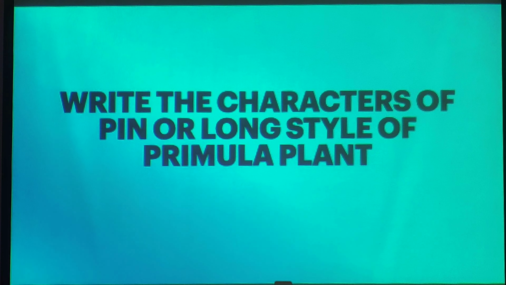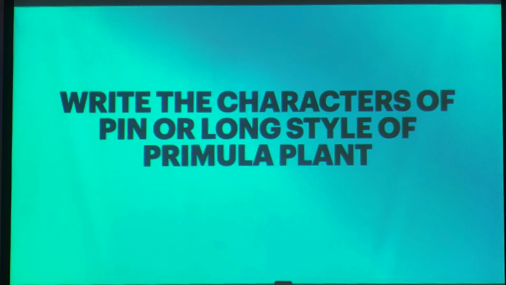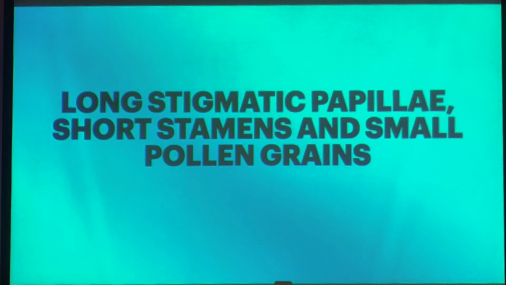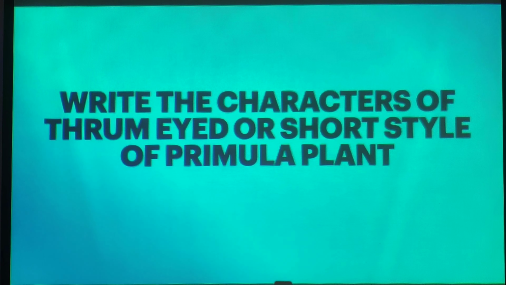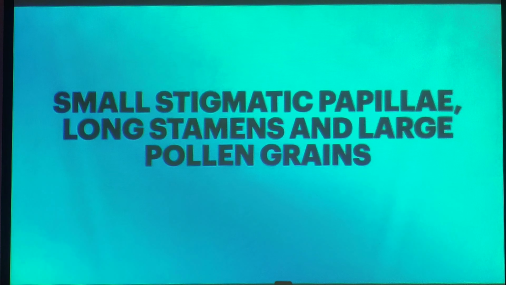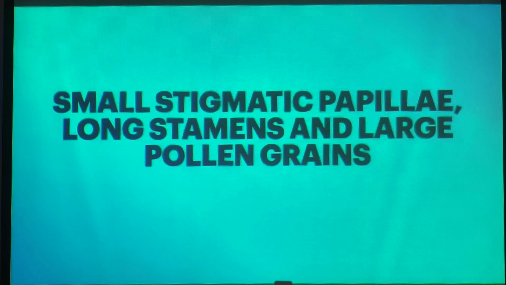Heterostyly. Write the characters of pin or long style of primula plant. Long stigmatic papillae, short stamens and small pollen grains. Write the characters of thrum-eyed or short style of primula plant. Small stigmatic papillae, long stamens and large pollen grains.